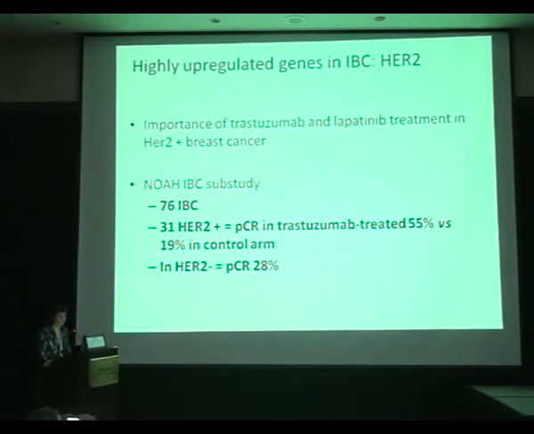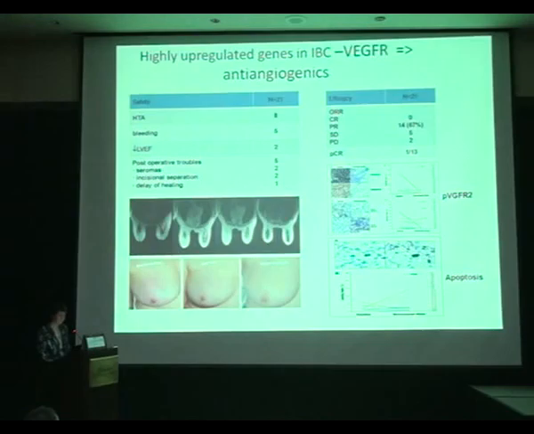HER2 is frequently upregulated in inflammatory breast cancer, and we have clinical trials like the NOAH study, or in France the Beverly 1 and 2 studies, looking at HER2 targeted therapies in inflammatory breast cancer. You can have a high level of pCR in this very aggressive type of disease, up to 28%.